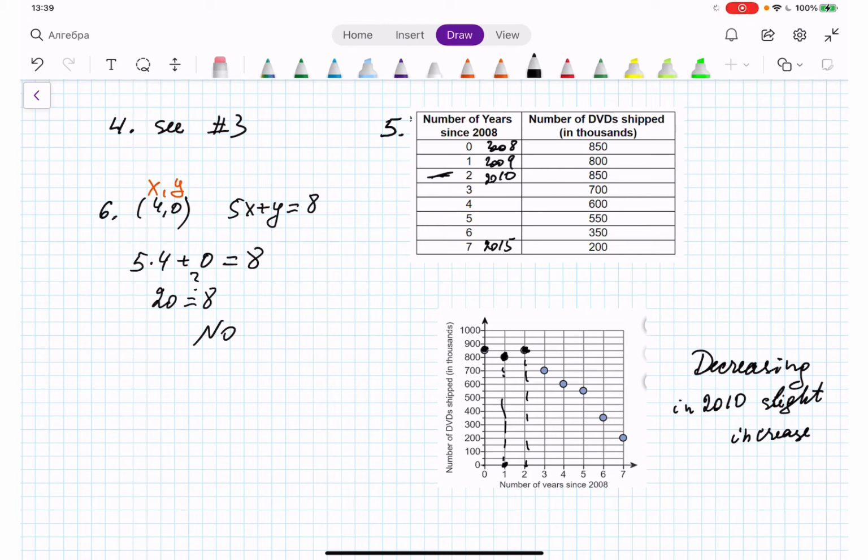Question number 7. We have equation 2x minus y is equal 7. And we need to identify if coordinates 3 and negative 1 belong to this equation. So we take x as 3, right? First number in the coordinate is 3, and y is negative 1, right? So let me color it so we know.